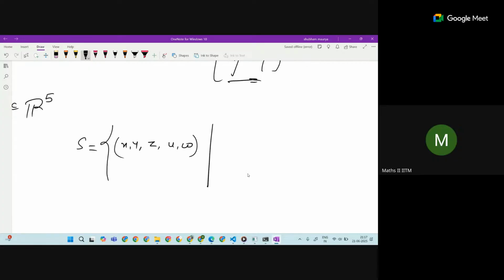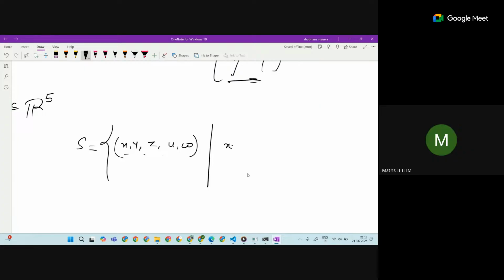Now in these coordinates there is a relation. Actually this is a subset, but what are the elements in it? The elements are such that the coordinates satisfy such relations.